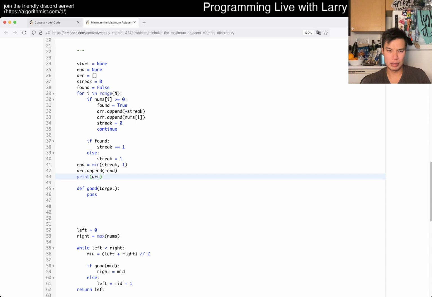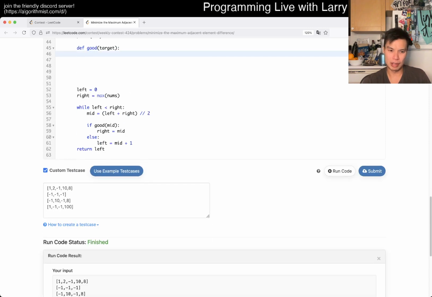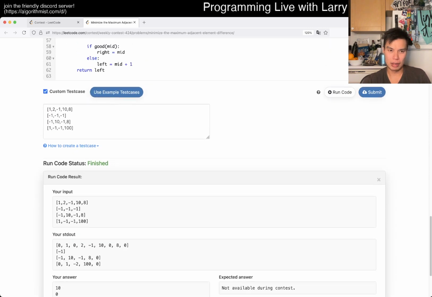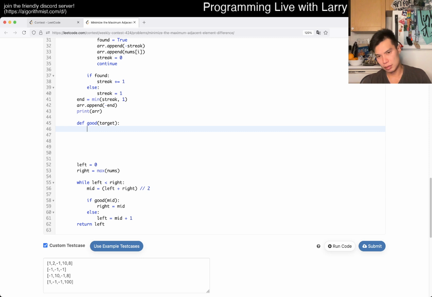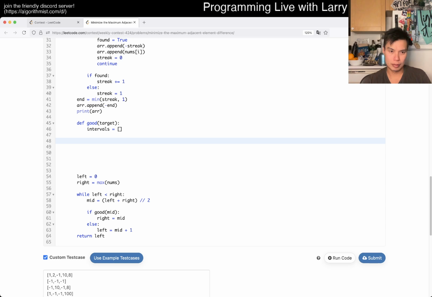Okay, and then now the target, right? So now we have some intervals, right? Okay, so then now we start at the number 1, actually.